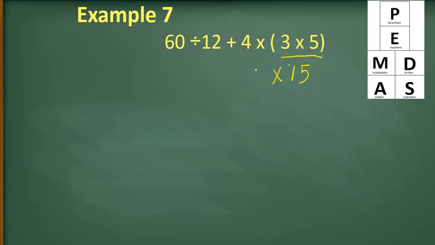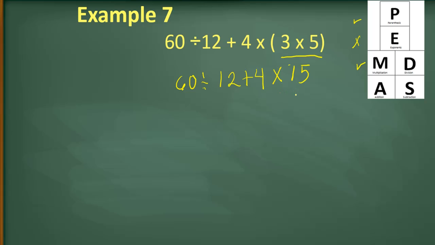60 divided by 12 plus 4 times 15. And then, do we have numbers with exponent? None. Let us go now to the third step. Do we have multiplication and division? Yes, we have division and multiplication.